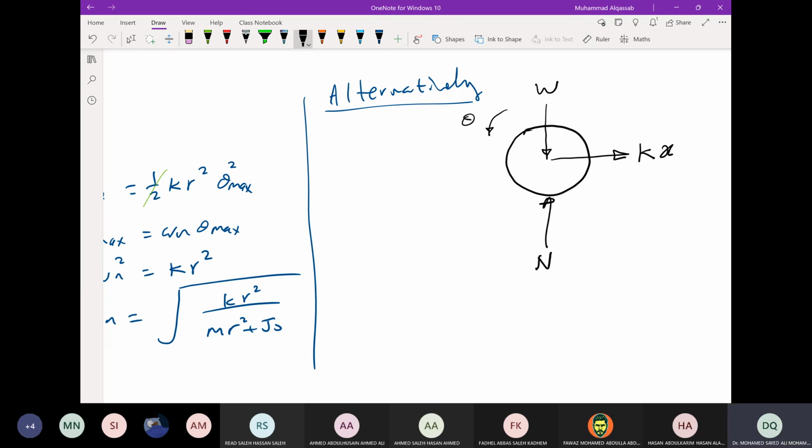Okay, and we say there is no slipping. Is there friction or is there no friction when there is no slipping? Okay, no slipping. How about the friction force?